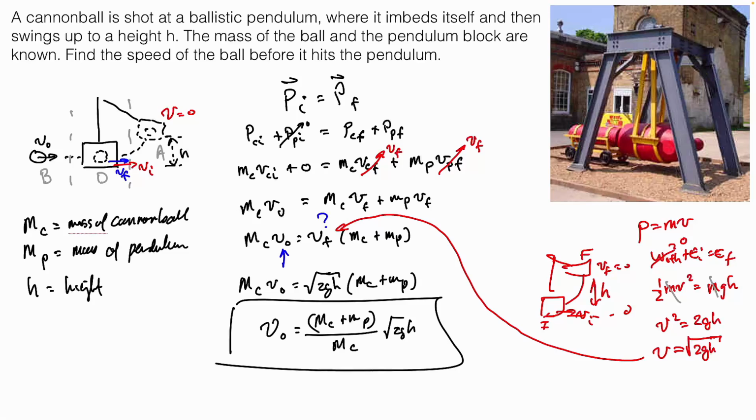Now, if a football player is catching a football or is being tackled by another player, are they swinging up to a height of square root of 2gh? No. I would watch football if that were the case, right? All the receivers are on strings, and if they get tackled. But is the physics here in the center sort of identical, whether it's a cannonball going into a cannon catcher or a defender grabbing and tackling a receiver?